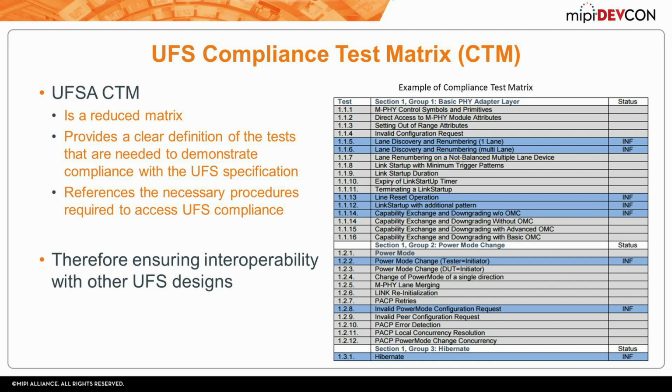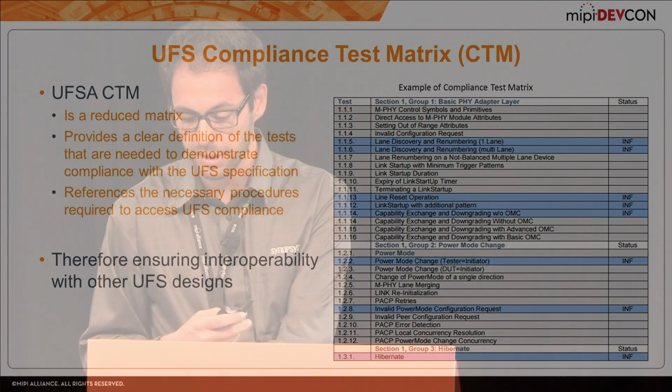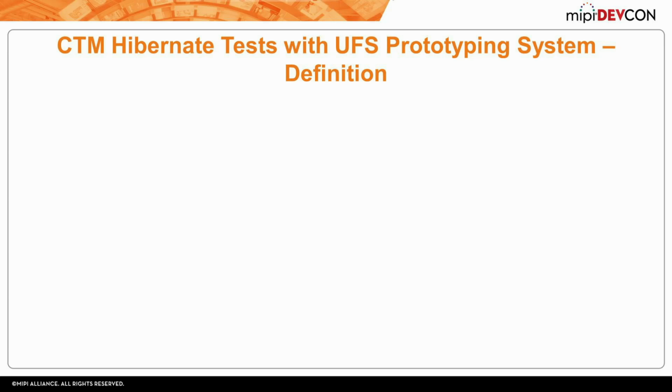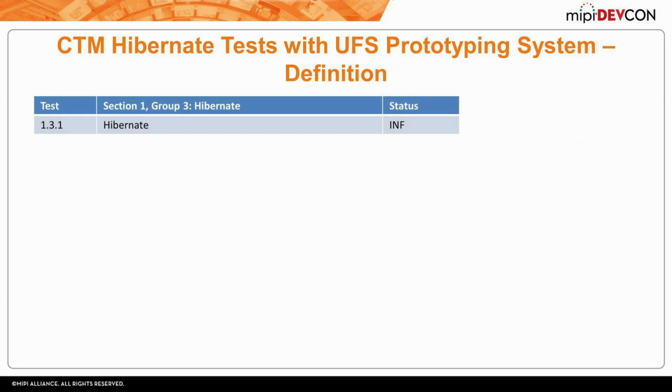This image is an extract from the UniPro part of the CTM. And let's analyze one of the tests of the CTM. I have chosen one of the tests, the Hibernate test, that is the 1.3.1 from UniPro CTS.